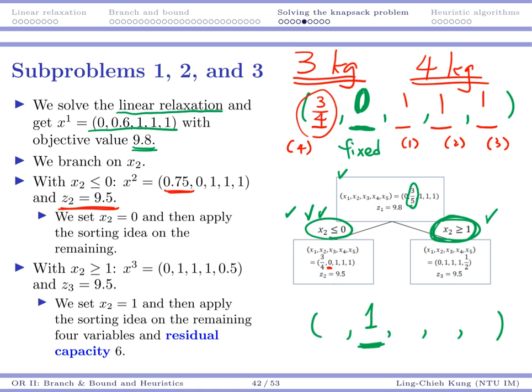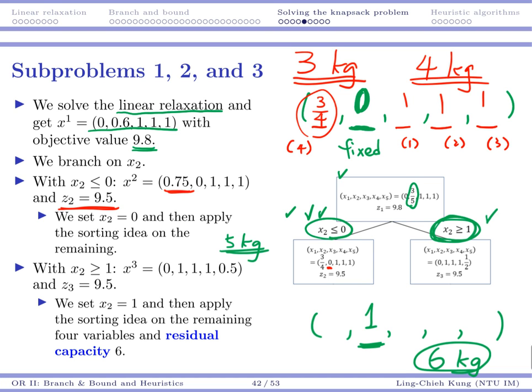You probably still remember that your item 2 takes 5 kilograms. So if your item 2 takes 5 kilograms and in total you have 11 kilograms, then you already used 5, so you still have 6 kilograms as your knapsack capacity.